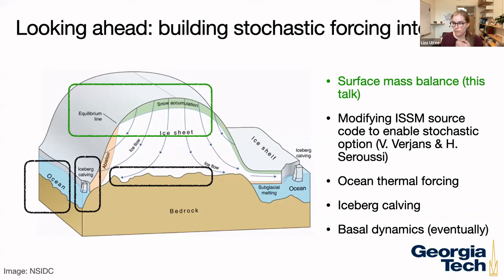Basal dynamics and the sliding law, as you mentioned, have to be inverted generally from surface observations. And if you change conditions, then the inversion might change a lot. So the observational or process-based constraints on basal dynamics are not as robust as we have for surface mass balance. So that is for sure one contribution that Tamsin's work has made, sampling a range of basal sliding that we have not tackled yet and probably won't in at least the next couple of years.